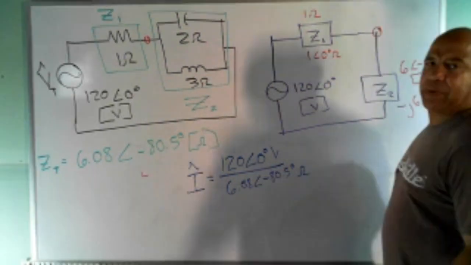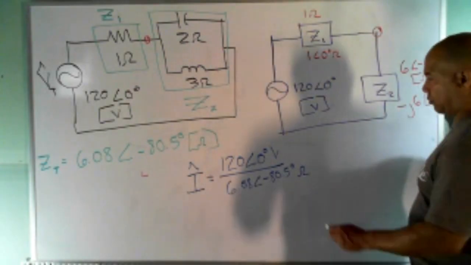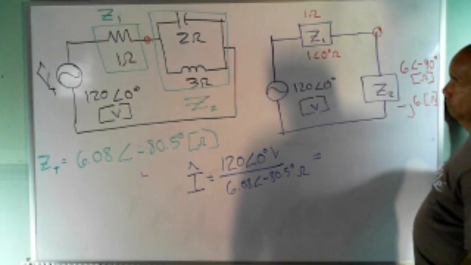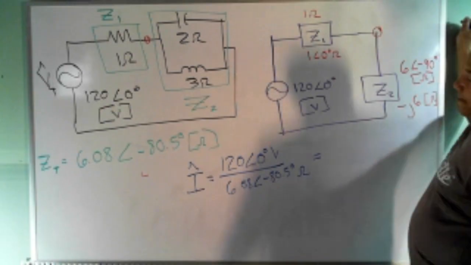What's 120 divided by 6.08? 19.74. Okay, thank you. So there's my current.